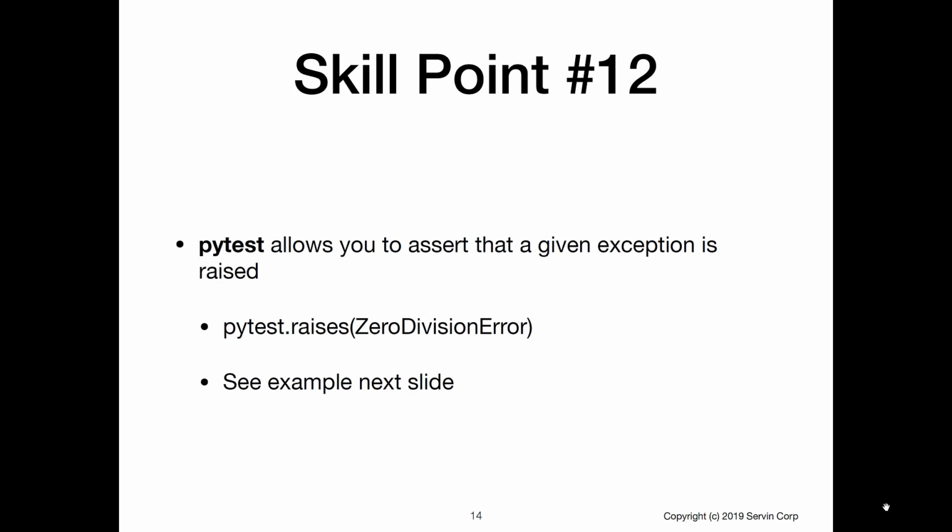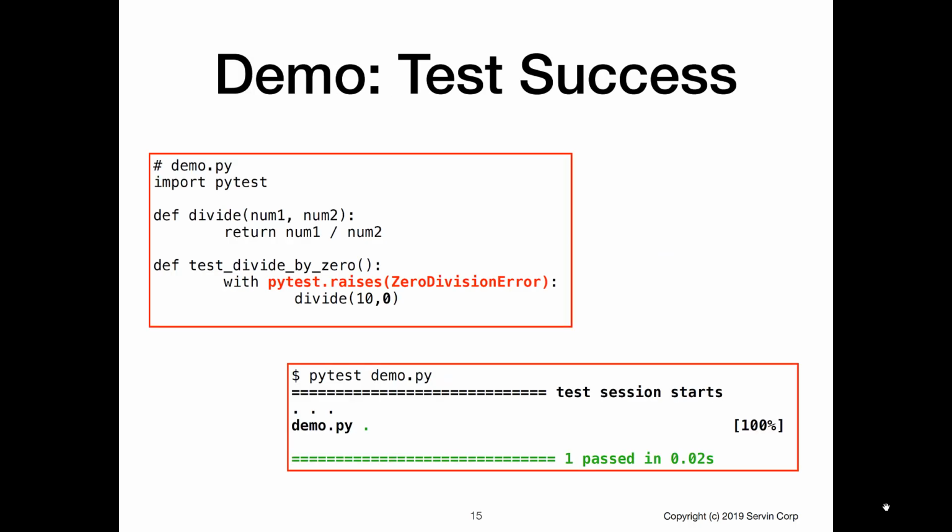Pytest allows you to assert that a given exception is raised. We saw this earlier, but here's a better example. I use pytest.raises, and here I say I'm looking for this zero division error. In other words, I'm expecting this to happen. In fact, here's an example of that in this import test.